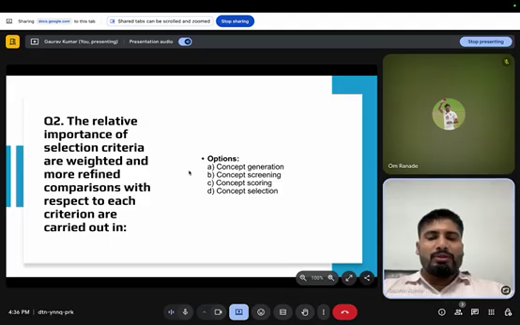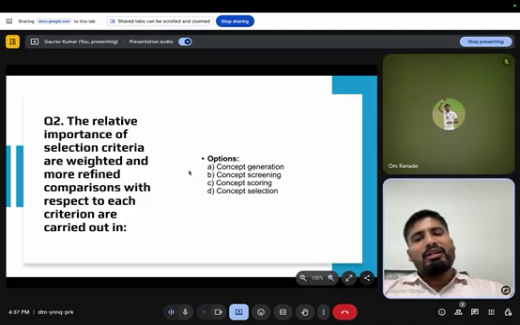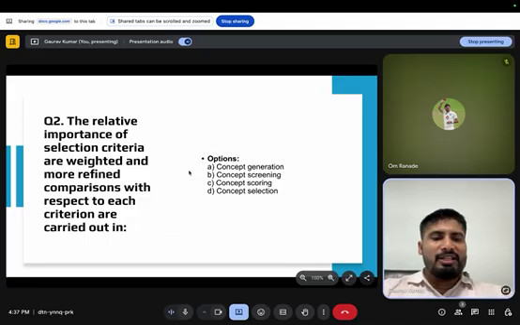Let me also provide you the explanation for those who are watching this video later. Within the design process, concept scoring represents the analytical stage where each evaluation criterion is assigned a specific weight corresponding to its importance to the stakeholders, users, and technical constraints.